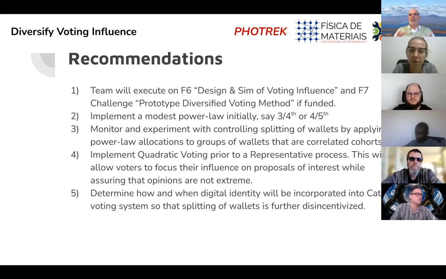We think that you can measure the correlation between the way wallets are voting, so that if you measured high correlation between the wallets, maybe you would treat that as one entity that has to have a power law allocation to it.